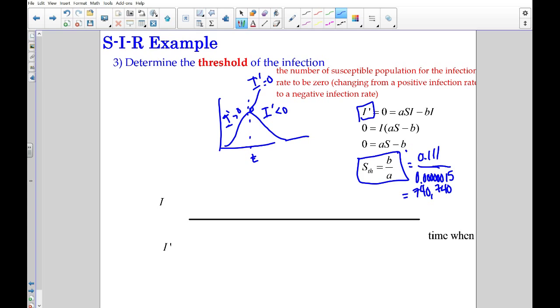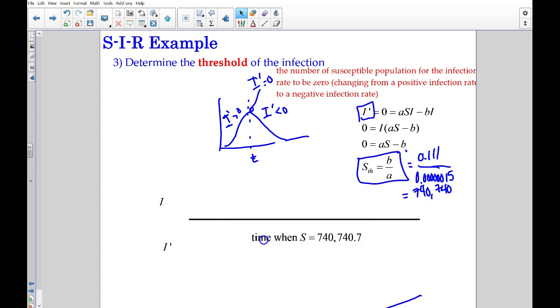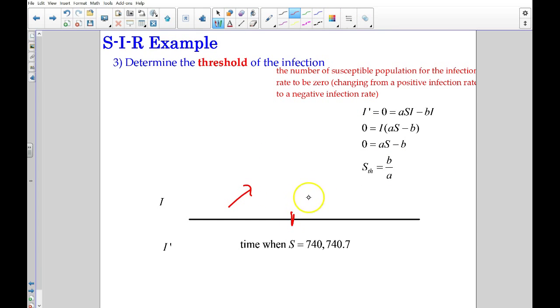Okay, so just as a summary here. Again, the time when S is equal to that value, what I should see is that I prime should be increasing before that time value, and then after this time value, it should be decreasing.